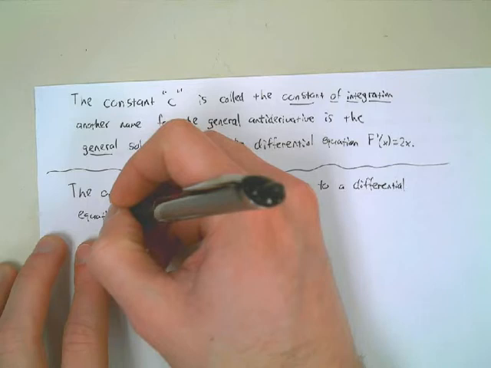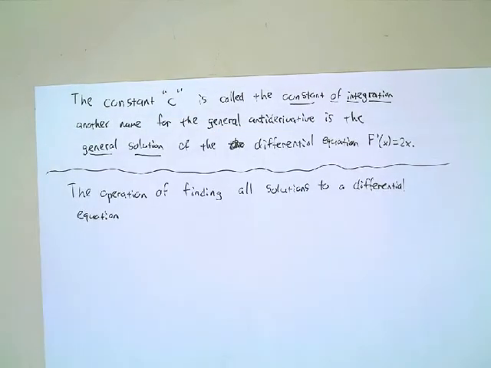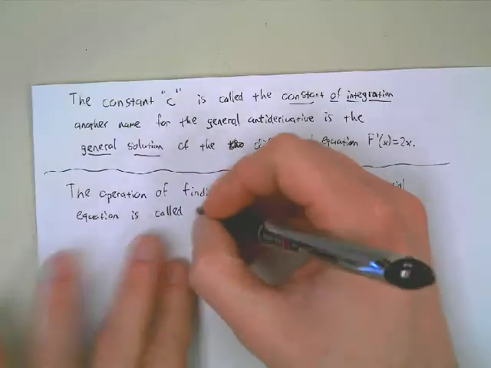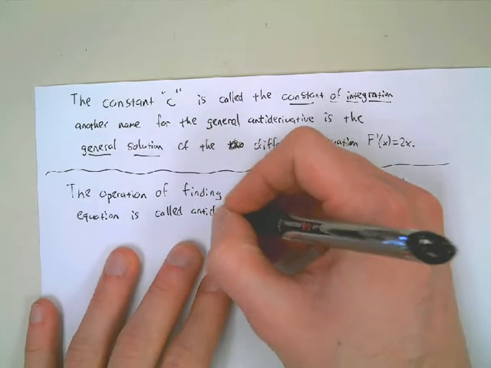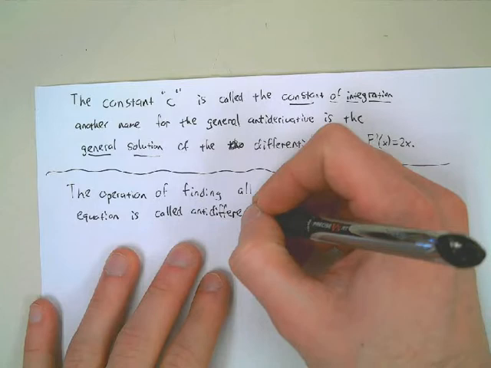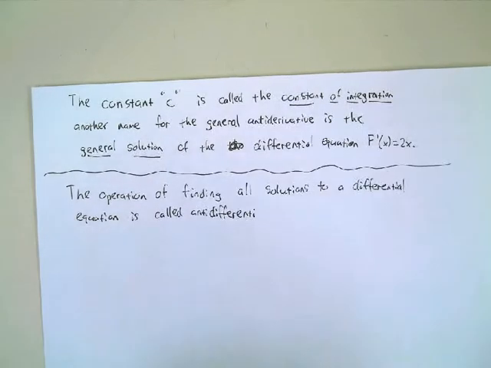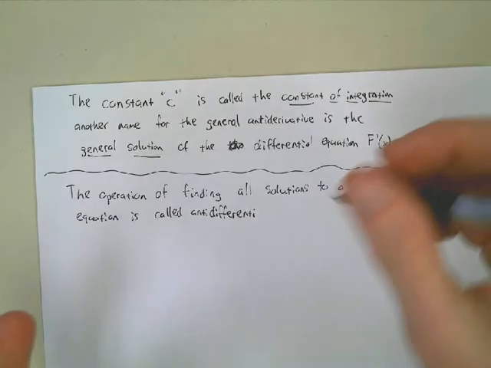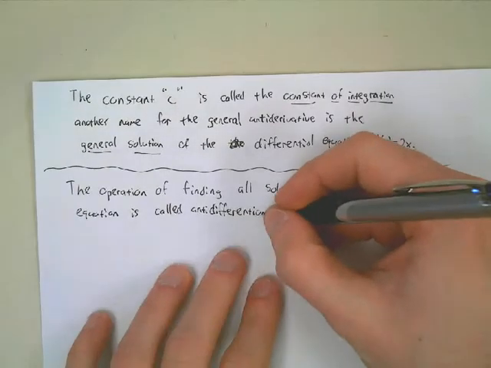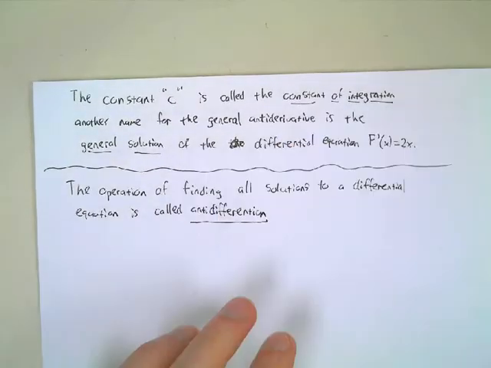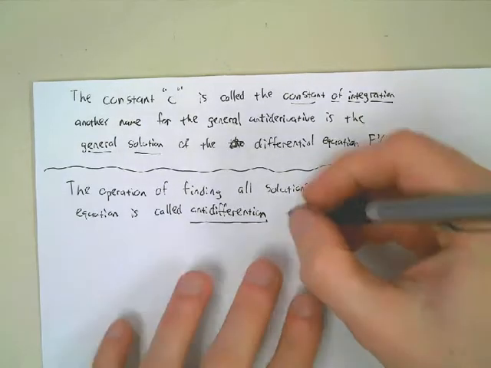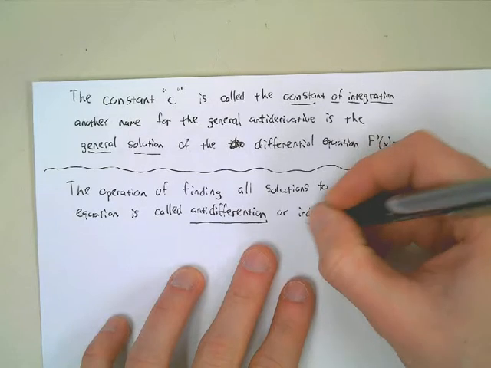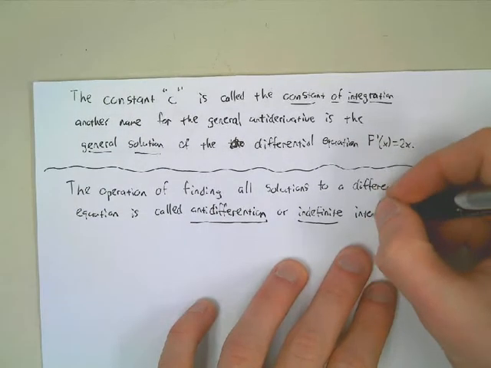The operation of finding all solutions to a differential equation is called antidifferentiation. That's what we did when we took the derivative 2x and came up with its antiderivative, x squared plus c. That's called antidifferentiation. It's like backwards differentiation. Or a synonym for that is indefinite integration. And that's the word integral and all that good stuff too.